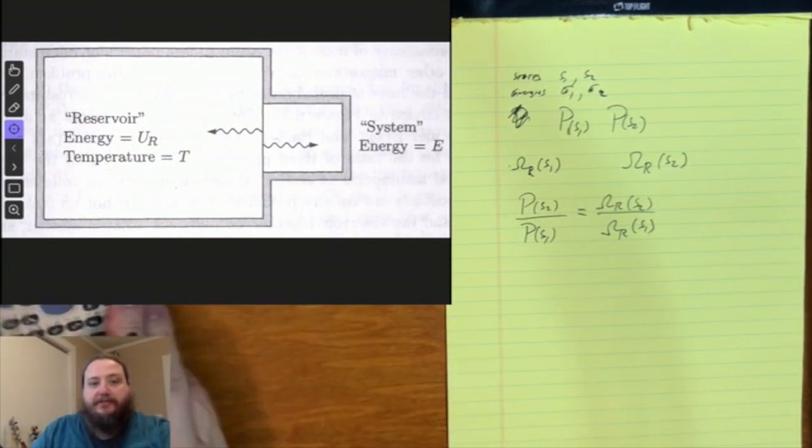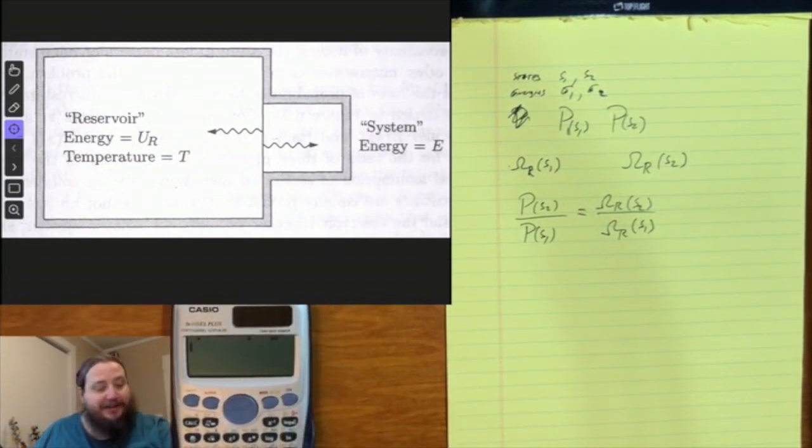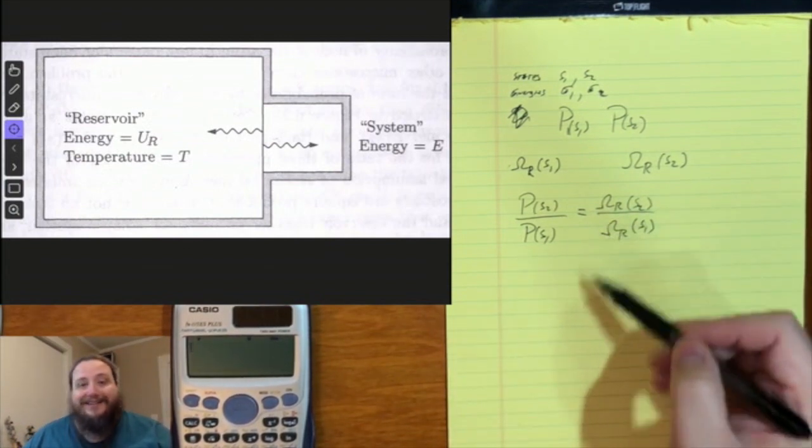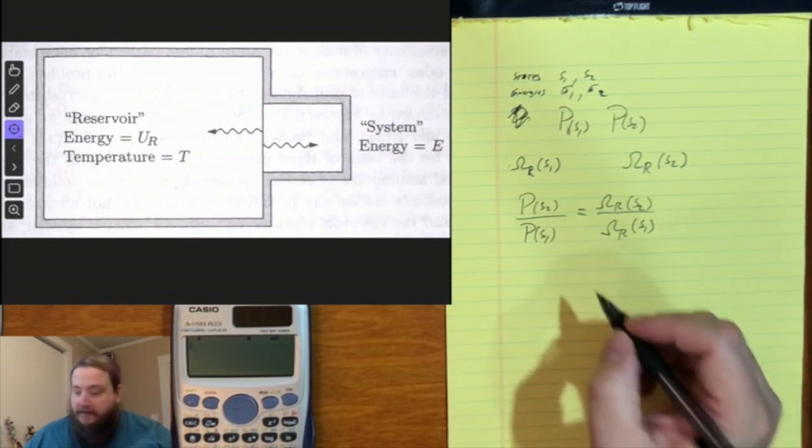Let's turn this into a discussion about entropy, because entropy is a more common way of thinking about things thermodynamically. So let's convert our omegas here into entropies.